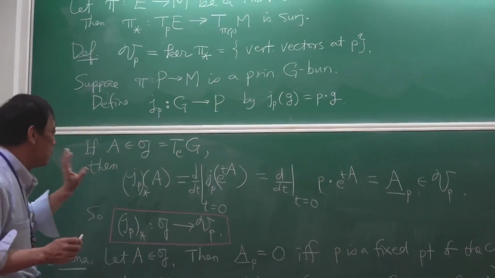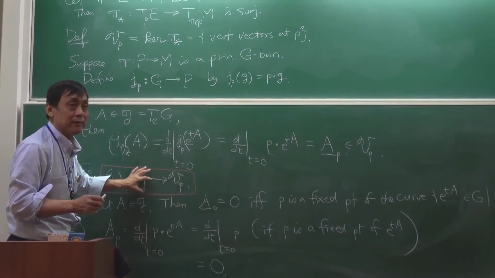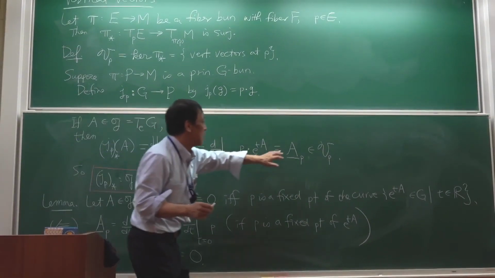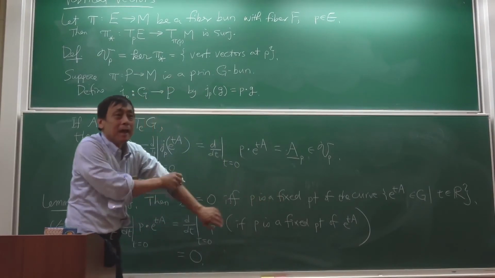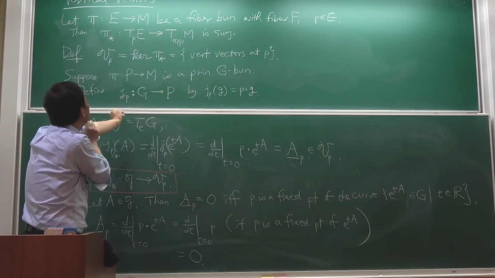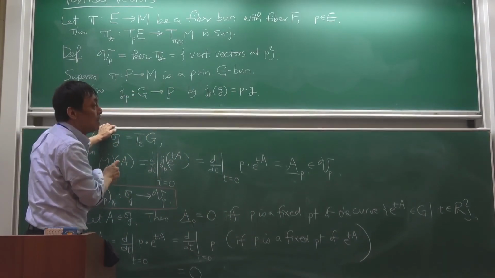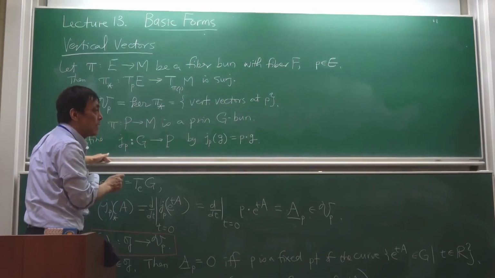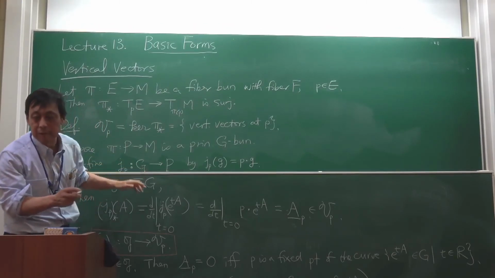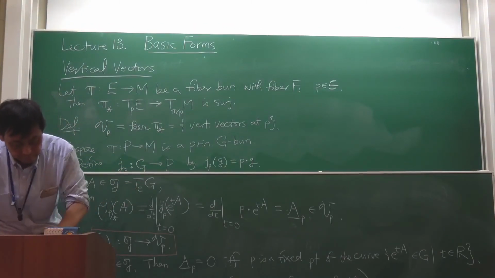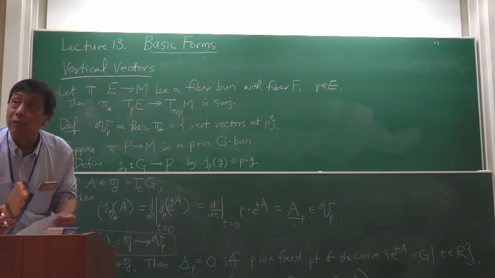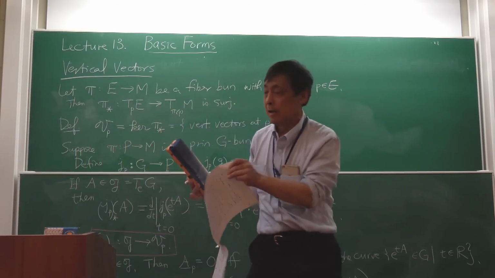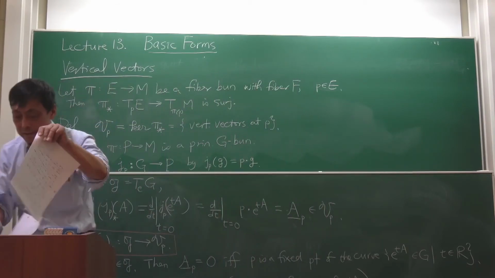Okay, so now we know what the vertical vectors are. They all look like this, A bar P. Now, a basic form has the property that when you apply it to a vertical vector, it's 0.